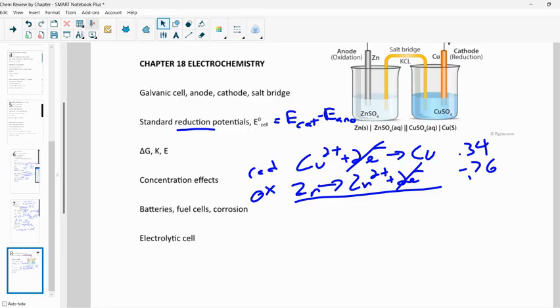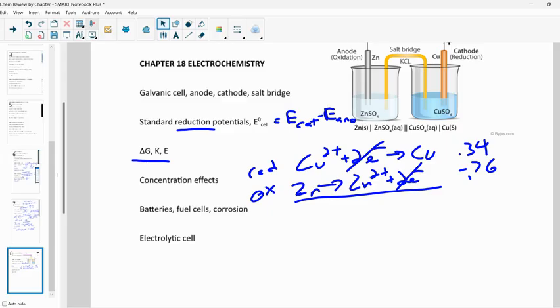All right. Delta G, K, and E. Delta G, we said spontaneity, right? What does E measure? The cell potential of our electrochemical cell. K, that's our equilibrium constant, right?